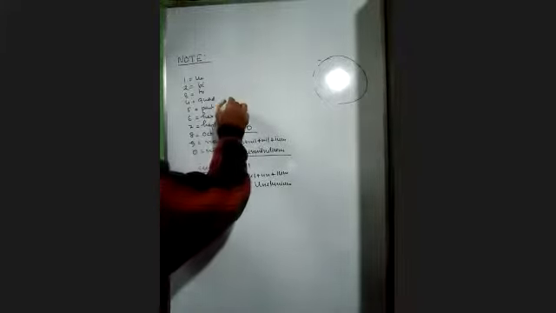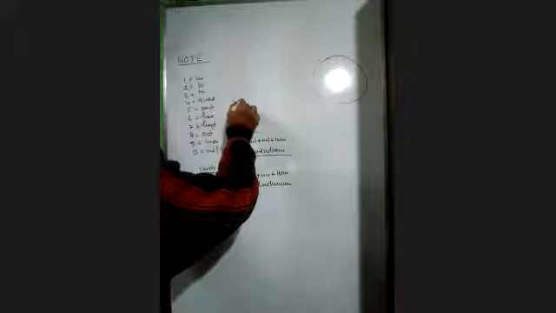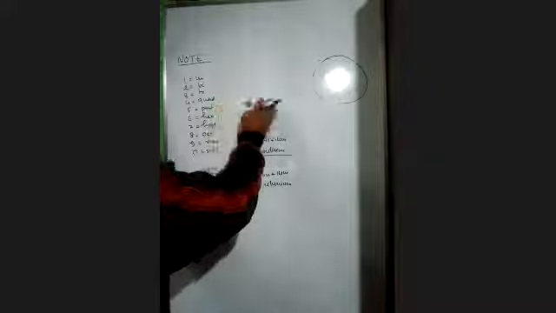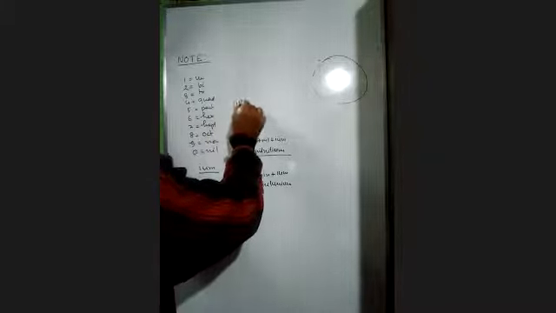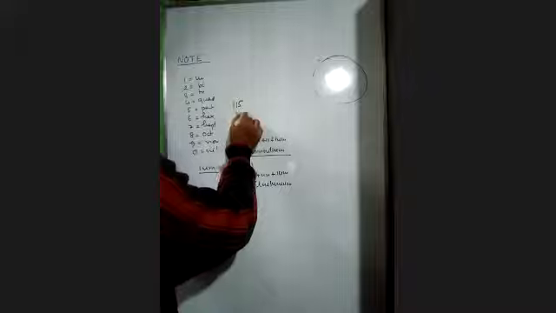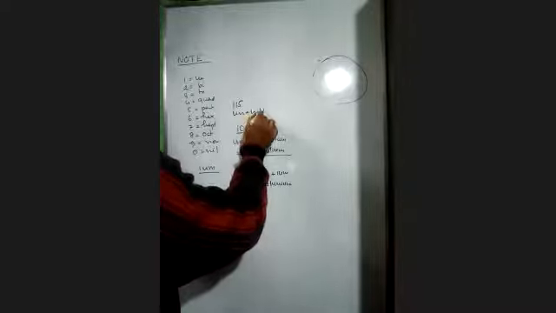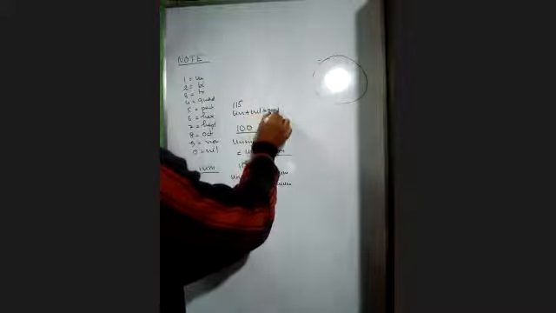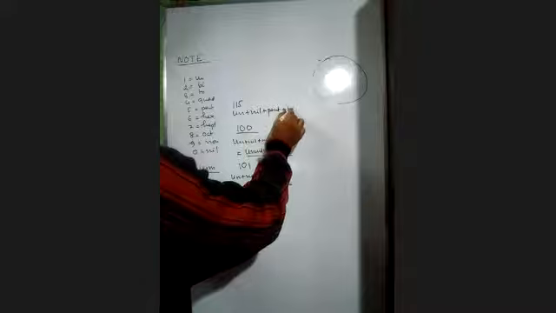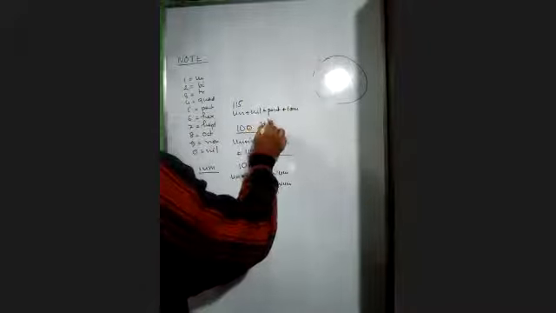Suppose it is 115. So it will be un nil pent plus ium.